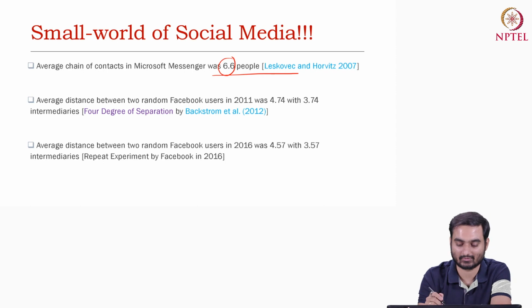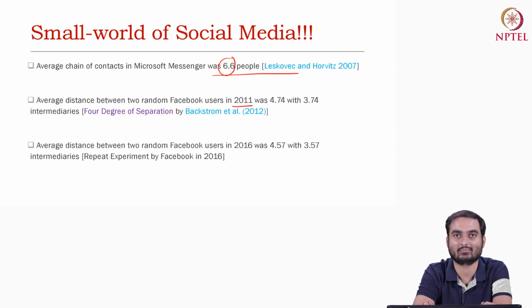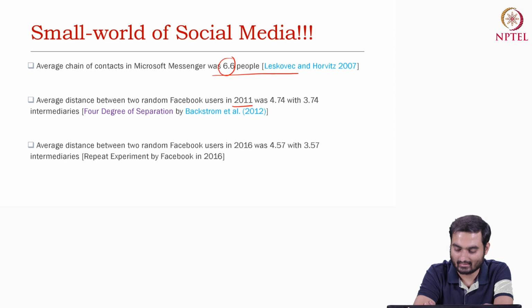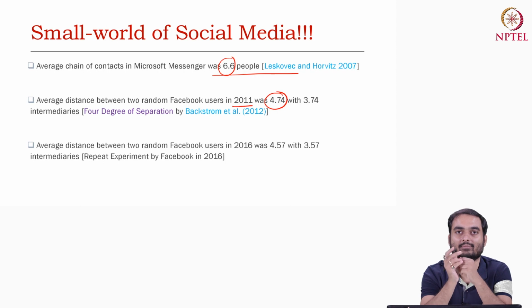The same experiment was again repeated in 2011, but this time on the Facebook network, because Facebook at that time had already become popular. The repetition happened 2 times. In 2011 it turned out that the average distance is 4.74 on the Facebook network.